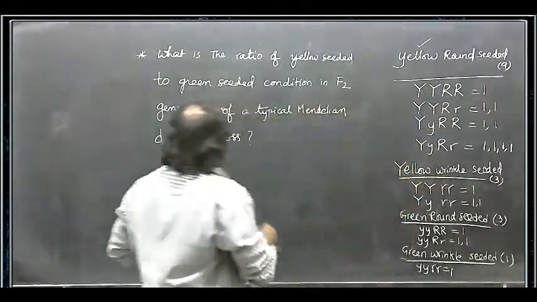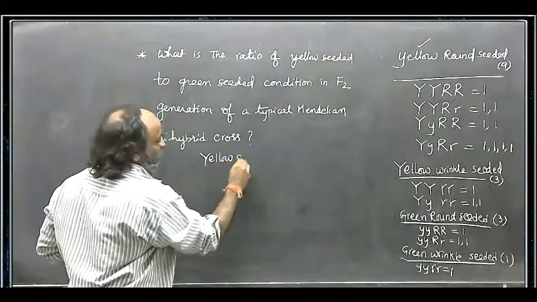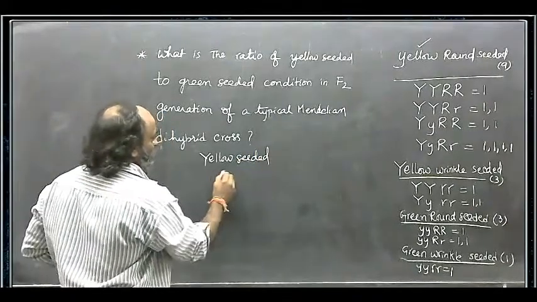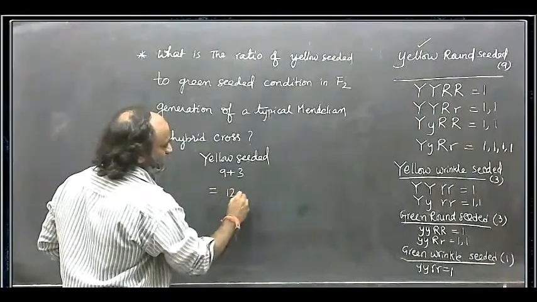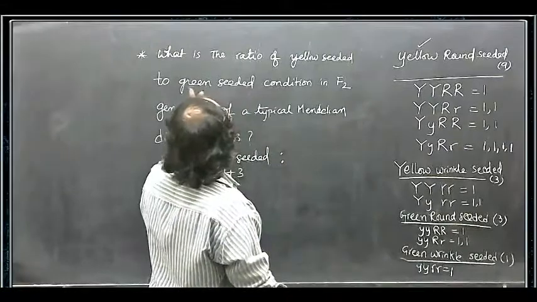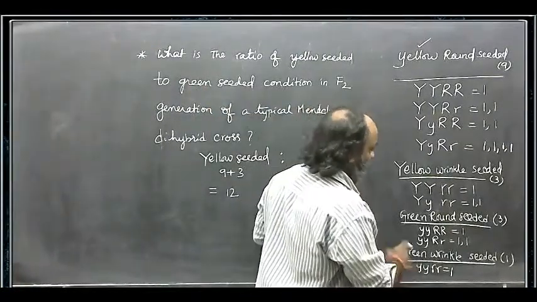So, the total number of yellow seeded plants is 9 plus 3, that is 12, and the total number of green seeded plants, how many of them are green seeded?